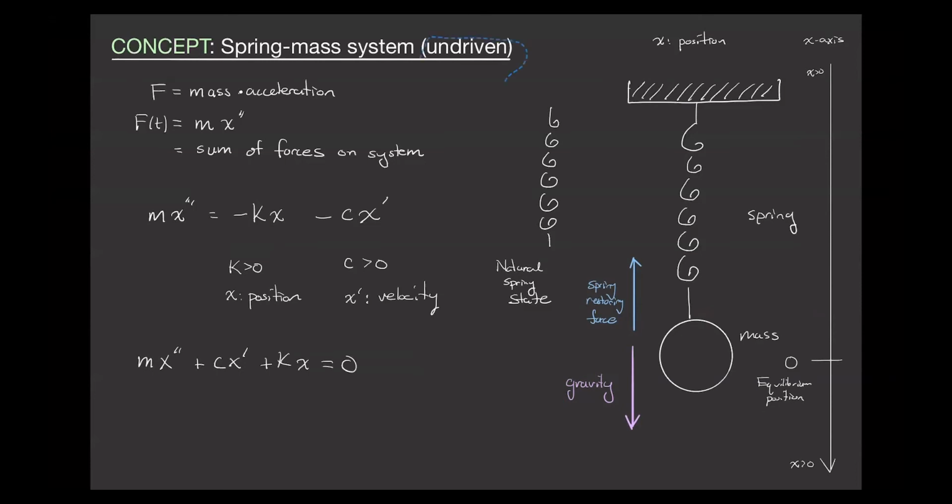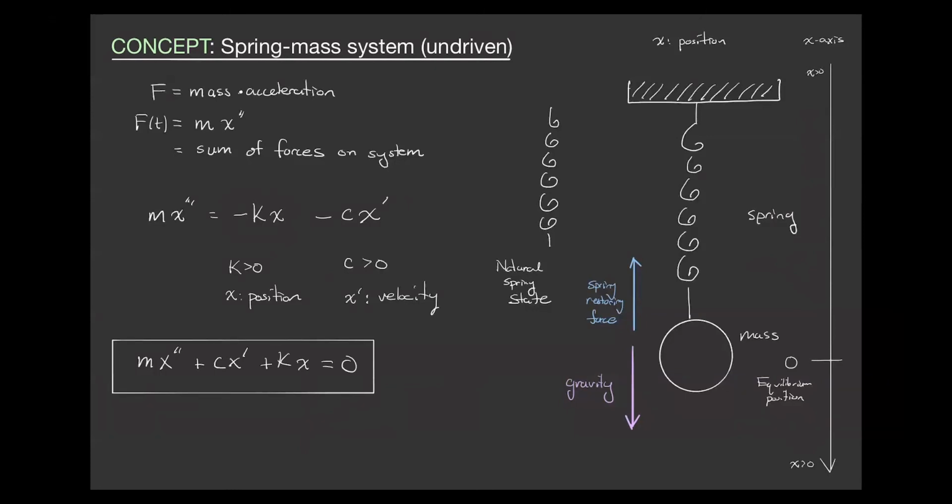Now, notice I said undriven. Later on, we'll see driven, and driven means that you have an additional, let's say, motor or something injecting energy into the system that's also disturbing the system from its natural state. But the big thing we're going to look at is this here.